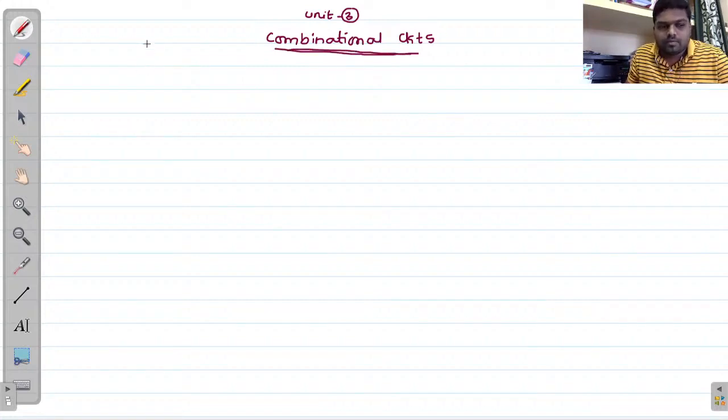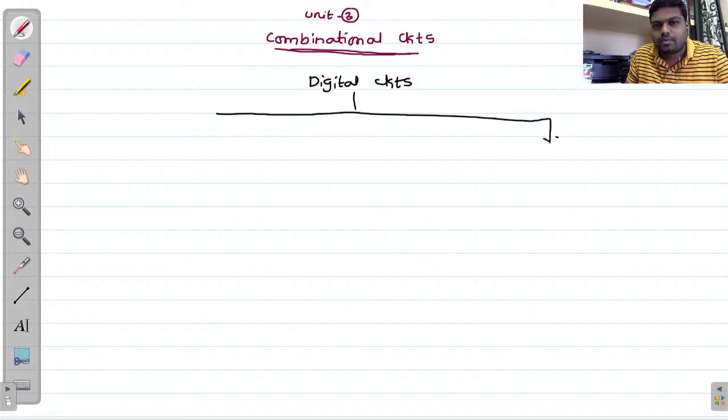Okay. So first of all, digital circuits are classified into two types, right? One is combinational circuits, and the second one is sequential circuits.